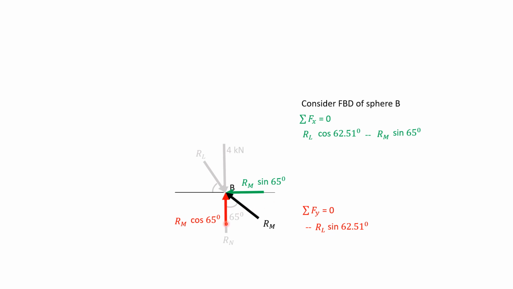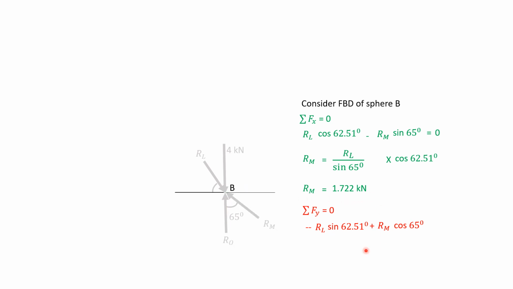Resolving vertically, it will be RM cos 65 degrees, directed towards positive y-axis, so plus RM cos 65 degrees. Calculating for RM, we know the RL value, so we get RM as 1.722 kilonewtons.